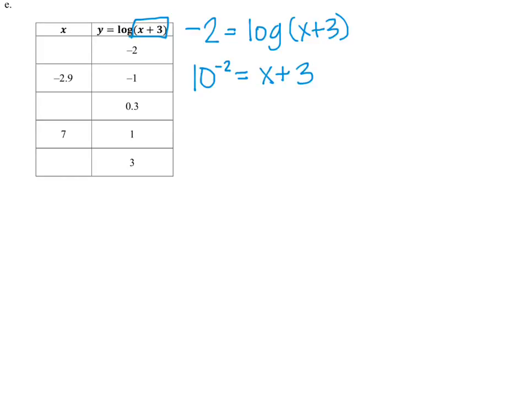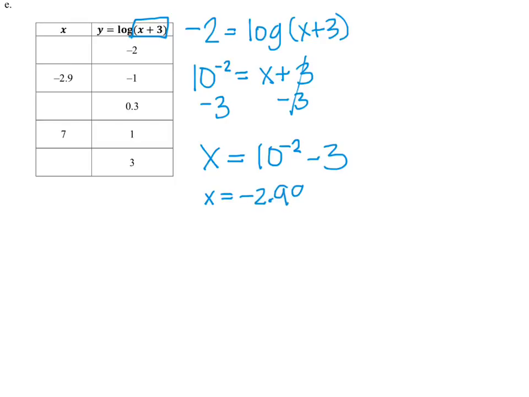And then in order to solve for x, I need to subtract away that 3. So I'm going to say x is equal to 10 to the negative 2 minus 3. And when I plug that into my calculator, I get x is equal to negative 2.99.